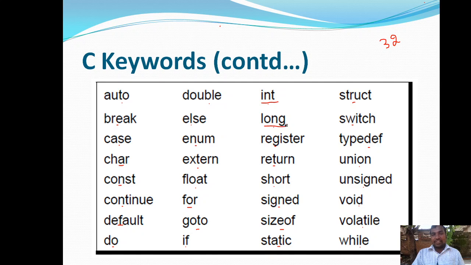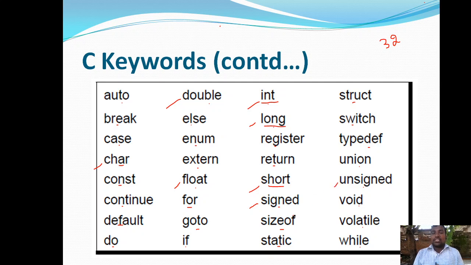So long, along with int, or long int, is used to handle large sized numbers. In a similar way we have short, long, int, char, float, double, and also signed and unsigned.